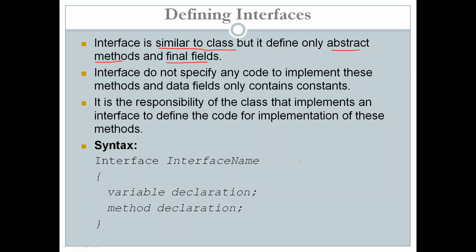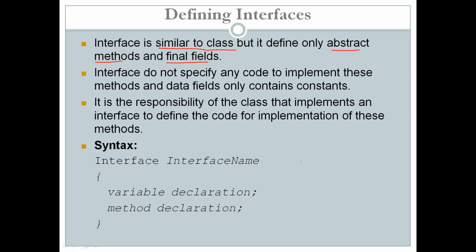So we can have some default methods in interfaces which may contain implementation detail, but we will not go through the detailed concepts of interfaces. We will only concentrate on basics of interfaces.